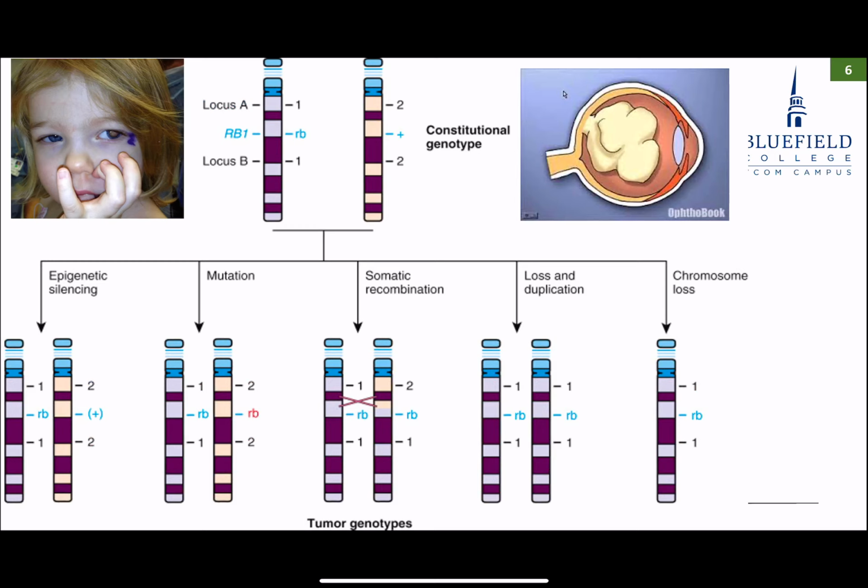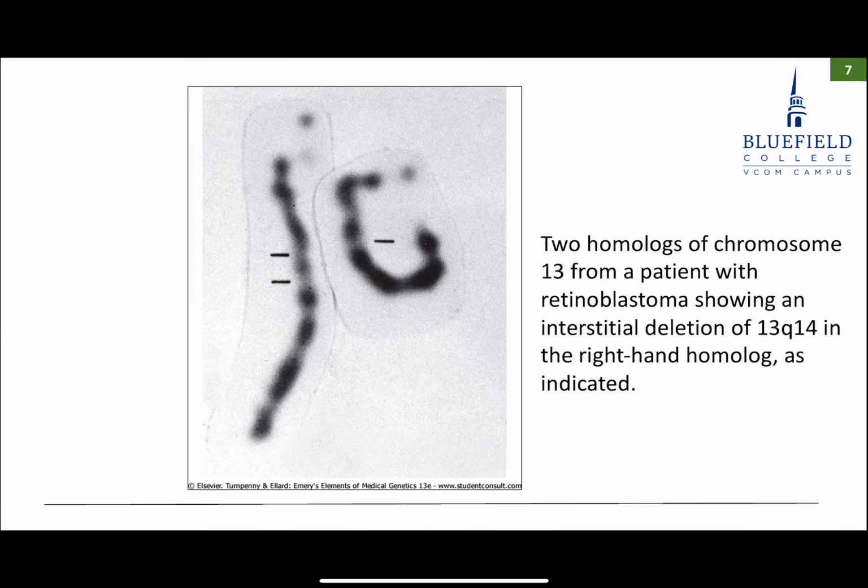We can visualize the chromosome. So this is chromosome 13, and the region where the gene is located is 13q14. So this is an example of a patient with retinoblastoma that has a deletion in this right-hand homolog, leading to the cancer.